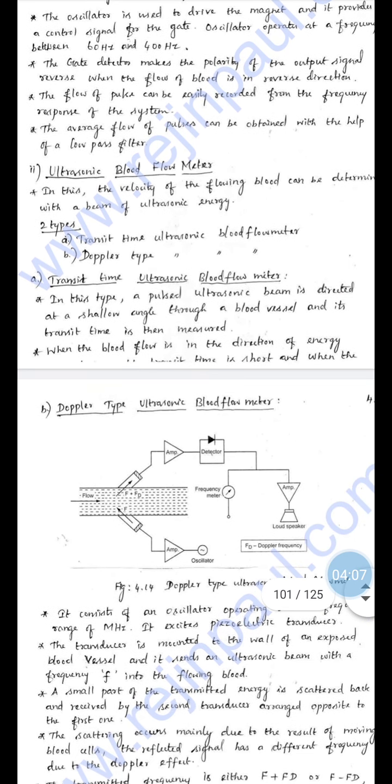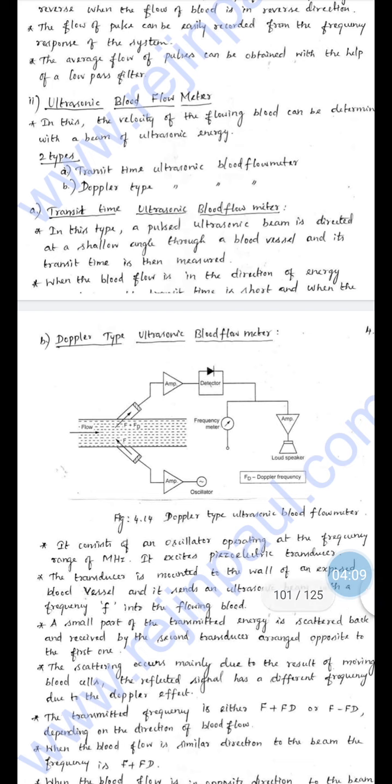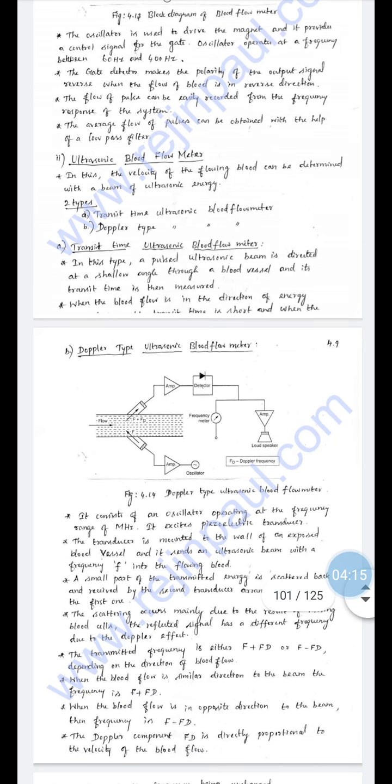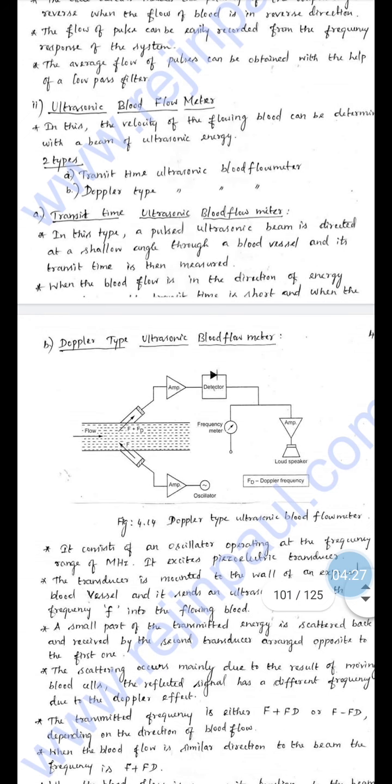The second method is the ultrasonic blood flow method. The figure shows the diagram. In this type, the velocity of the flowing blood can be determined with a beam of ultrasonic energy. There are 2 types of ultrasonic blood flow meter arrangement. One is the transmit time ultrasonic blood flow meter. The other is the Doppler type ultrasonic blood flow meter.